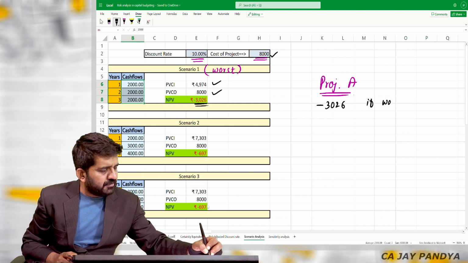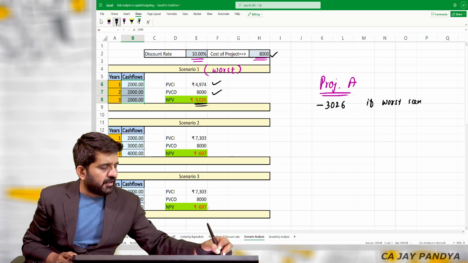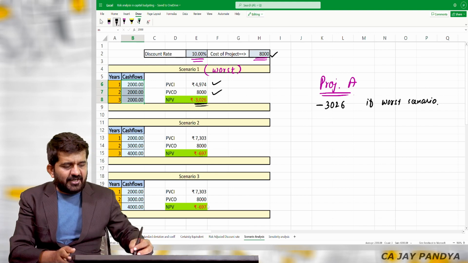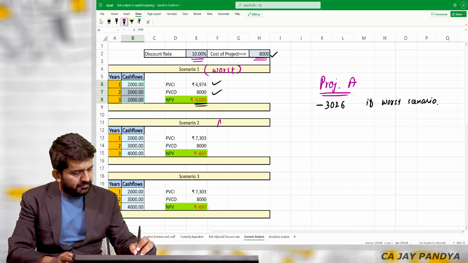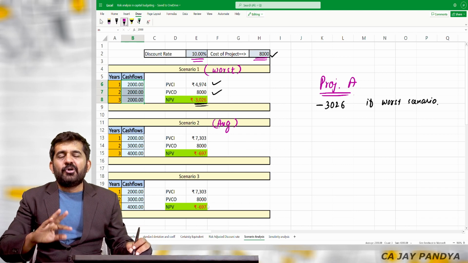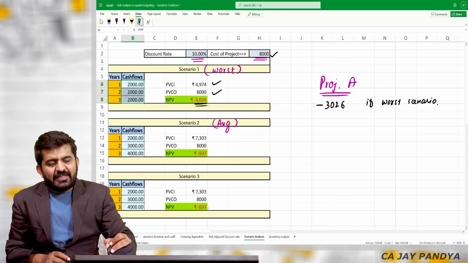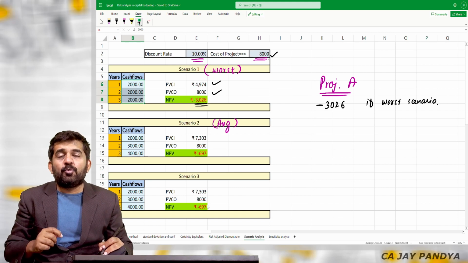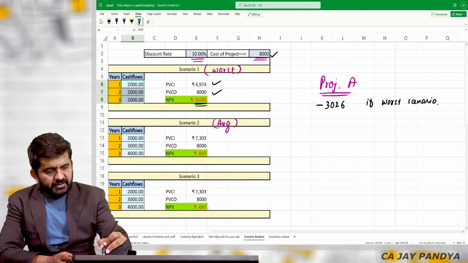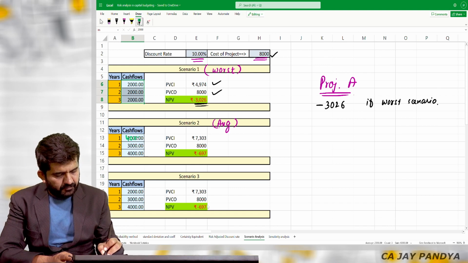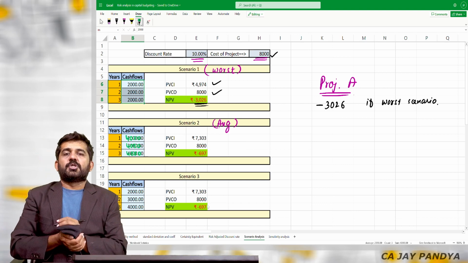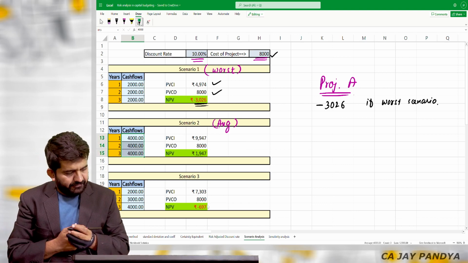That is if there is a worst scenario. If the scenario is average, not worst, not very good, then the economist says that every year your cash flow would be 4,000 rupees, for the period of 3 years.